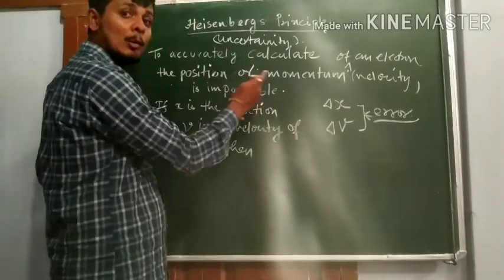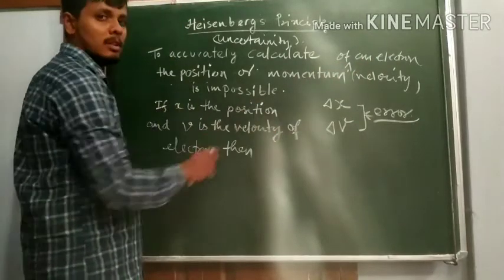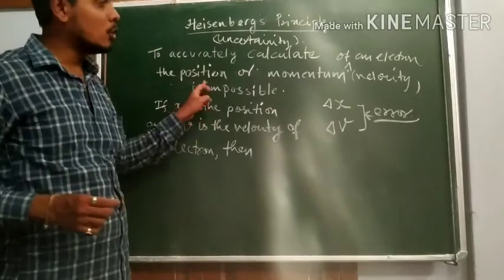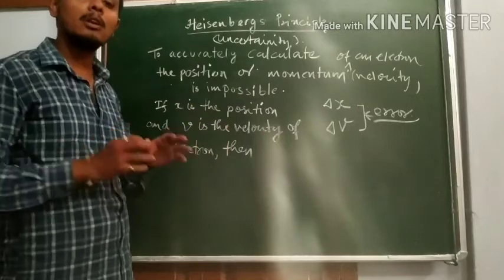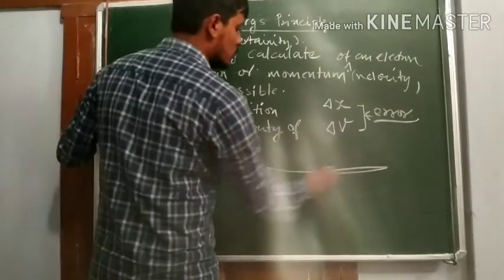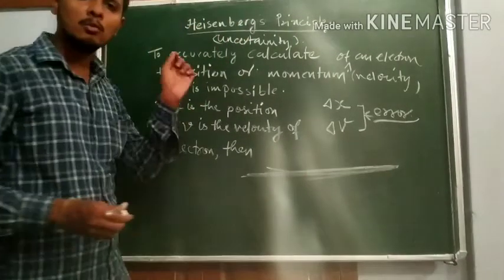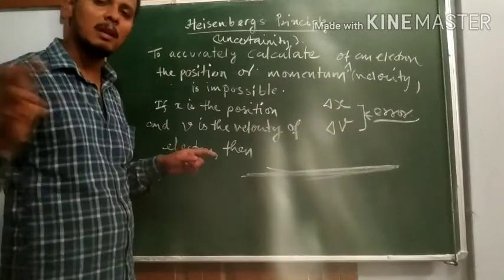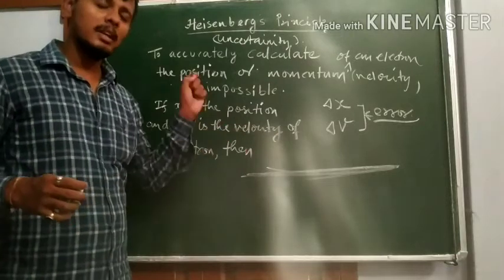That means it is not possible to determine the position and momentum of an electron accurately at the same time. The electron moves at such a high speed inside the atom that we cannot say where the electron is at a particular instant of time.